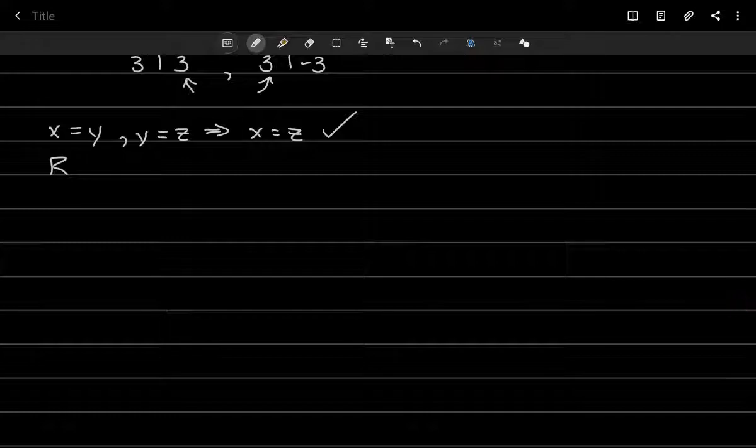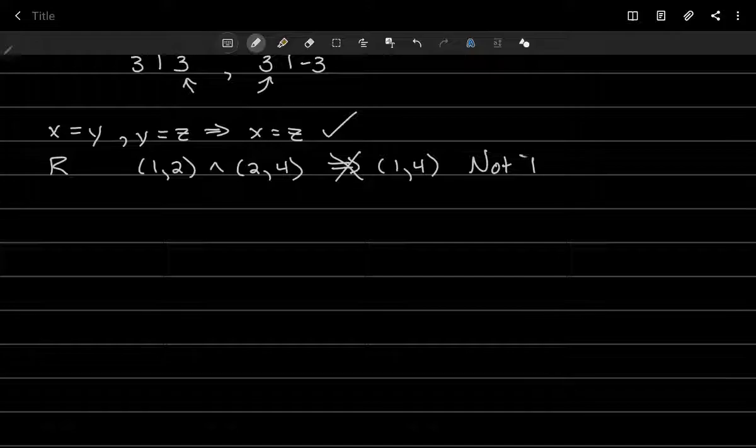We said, for example, 1, 2 is in there, so 1 is related to 2, and we said 2 is related to 4. According to transitivity, I would need to be able to collapse the middle and get 1 related to 4. But if you look back, that is not one of our ordered pairs. So this is not transitive.